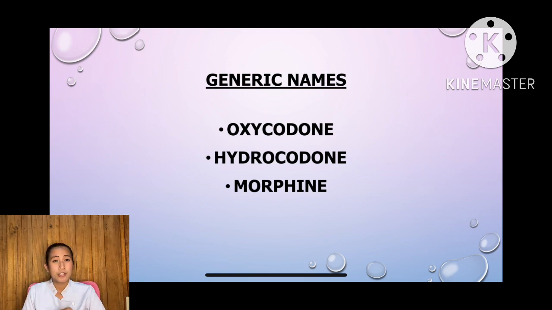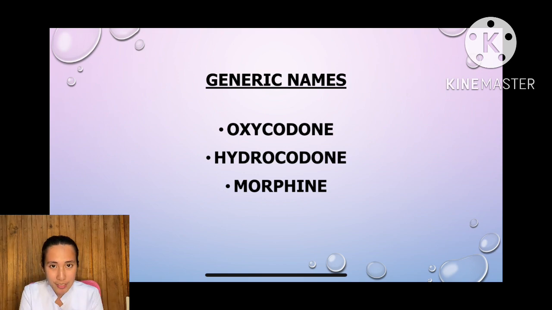But they are different when it comes to their content. They belong to the drug classification of opioid analgesics, but each one has unique content that must be taken by the patient. So that's it for the opioid analgesics. Again, there are three generic names under this classification: oxycodone, hydrocodone, and morphine.